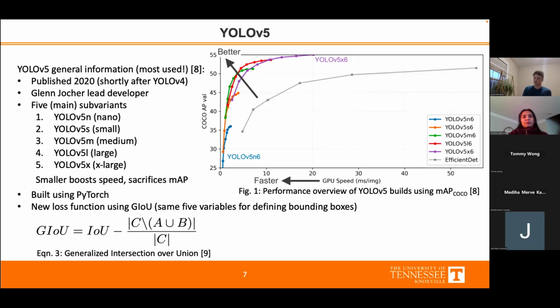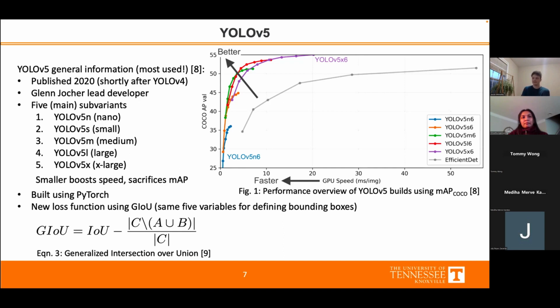Glenn Jocher was the developer along with his company instead of Redmon. However, the development of YOLO V5 still was done in conjunction with the original developers of YOLO V1. There are 5 subvariants of YOLO from nano to extra large that are widely used for research applications.